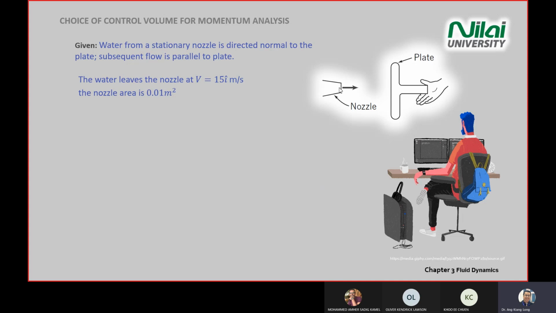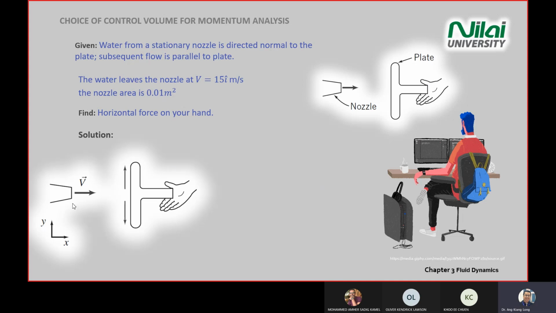Because our nozzle is spraying to the right, in the x direction, we assume to the right is the x direction. So we input 15 i hat, the unit vector for the x direction. The nozzle area is given as 0.01 meter square, and we need to find the force felt by the hand over here.